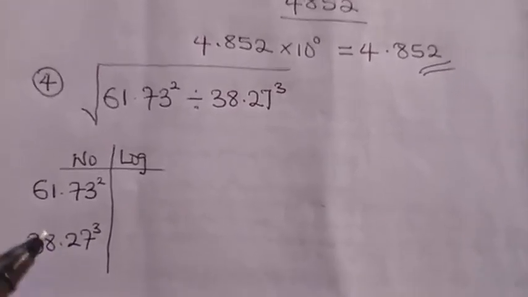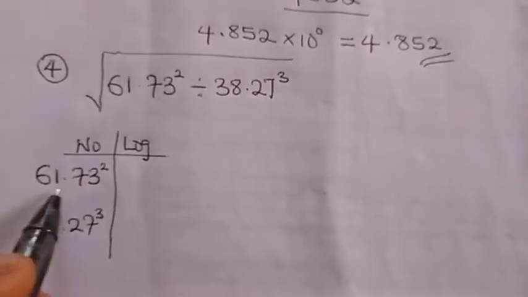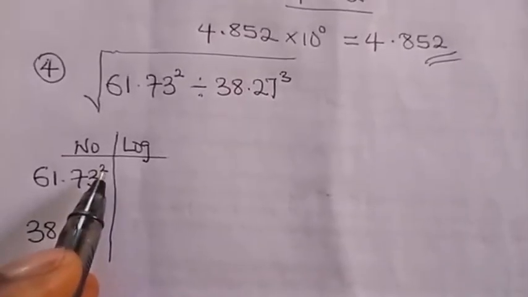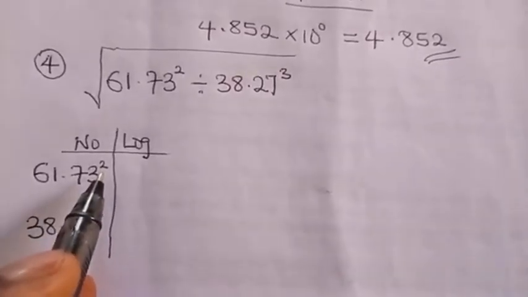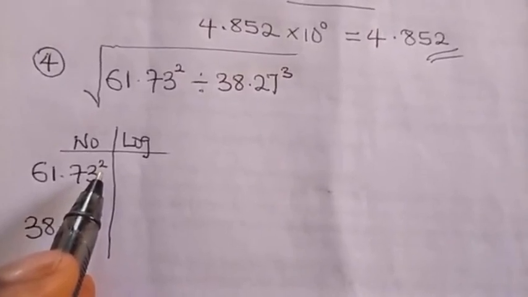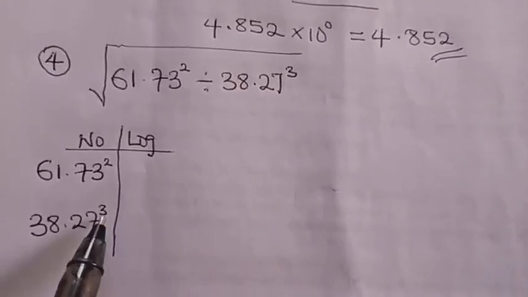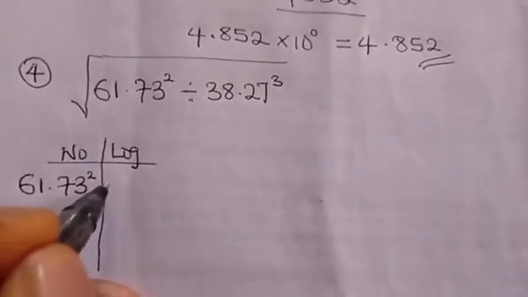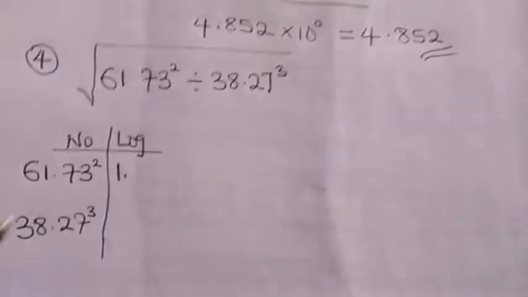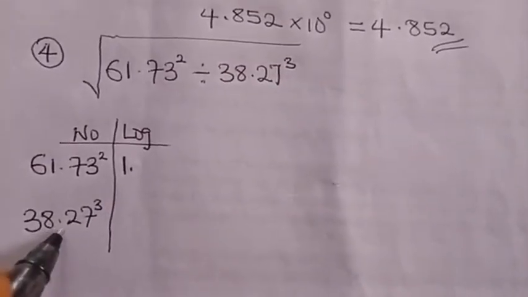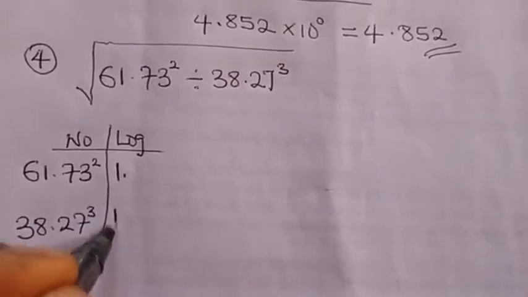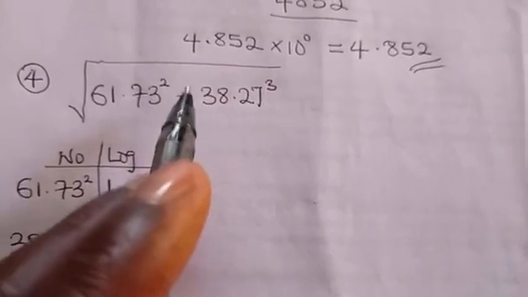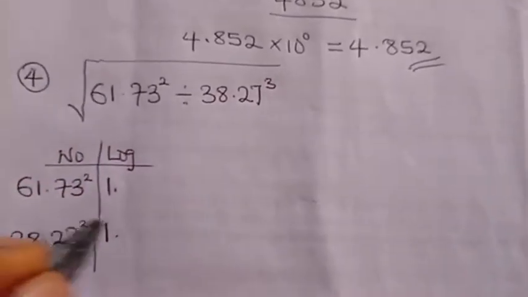So according to the law of logarithm, we'll first find the logarithm of this number before we apply that power law by multiplying the outcome by 2, and in this case by 3. So the characteristic of 61.73, we have 1. Also, the characteristic of 38.27 is 1. And since it's division we have here, we are going to subtract their logarithm.